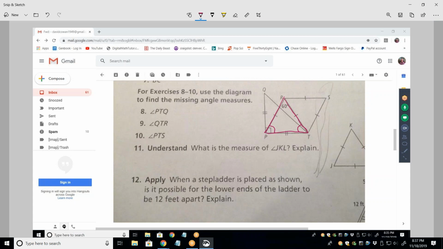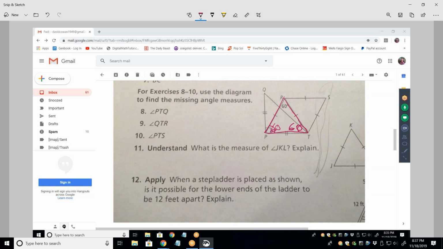All three total 180. So what are those? So wouldn't it be 60 and 60? Yeah. In other words, those two total 120, which makes 60, 60, and 60. This is an equilateral triangle, or it's an equilateral and equiangular triangle.